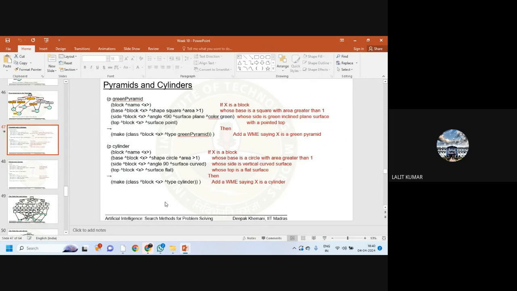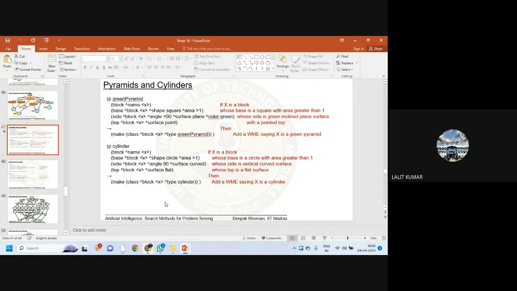And these 1, 2, 3, 4 mean that all these four patterns have to match. Then only that RHS will take place.